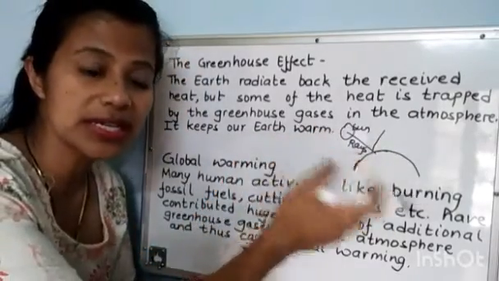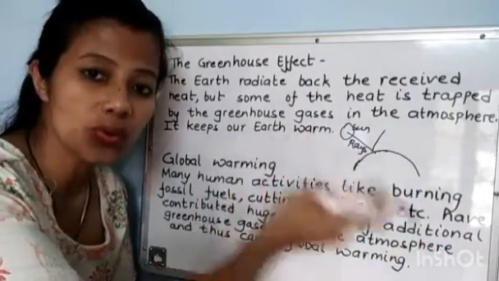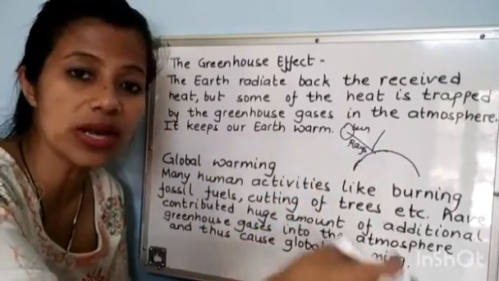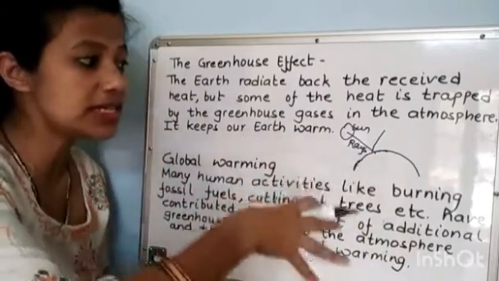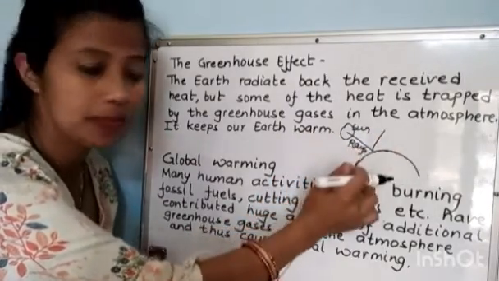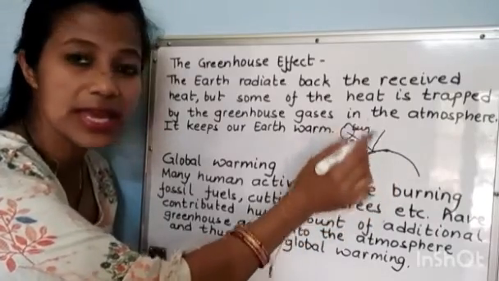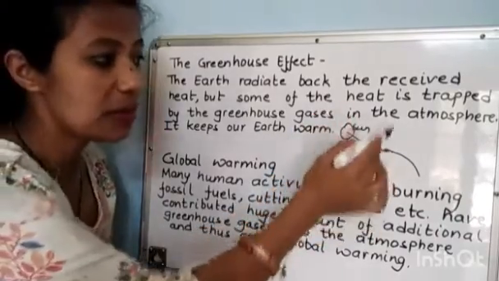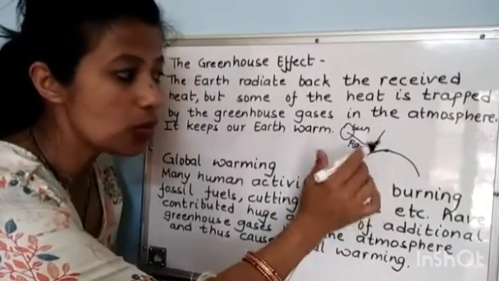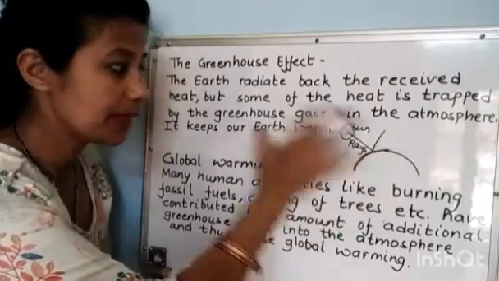And what are greenhouse gases? Carbon dioxide, methane, ozone, nitrous oxide. All these are called greenhouse gases. They trap some heat of the sun here on earth. They do not allow the rays to reflect back into space.